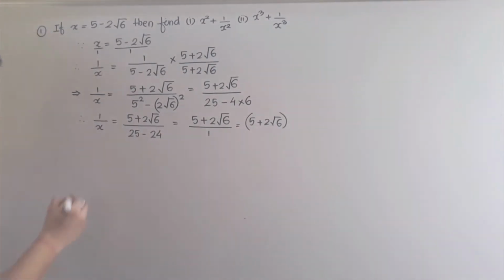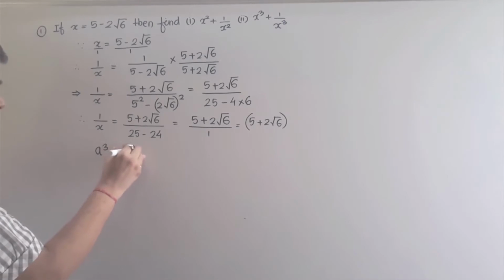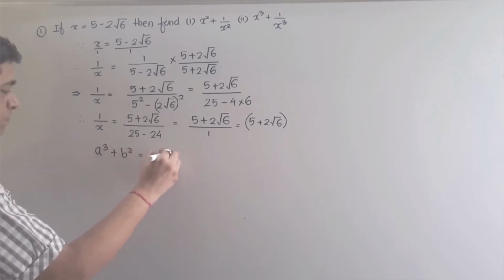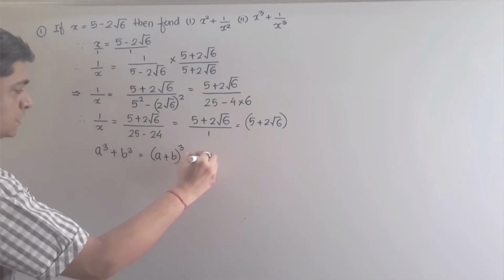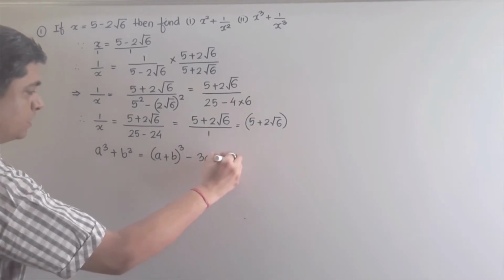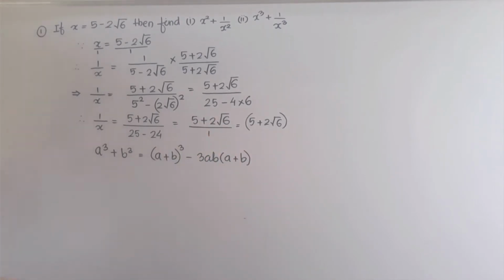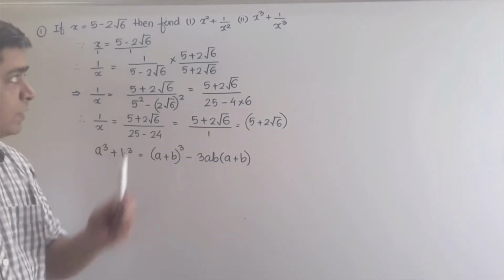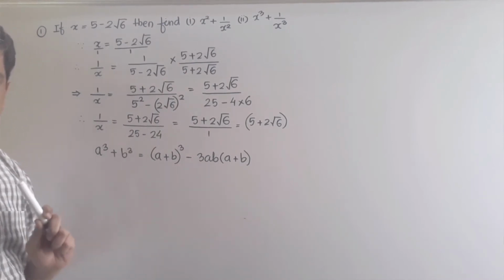So for this I will use the formula a cube plus b cube. The formula is (a plus b) whole power 3 minus 3ab into the bracket (a plus b). Please remember these two formulas. While doing such kind of question, you will be required these formulas frequently.